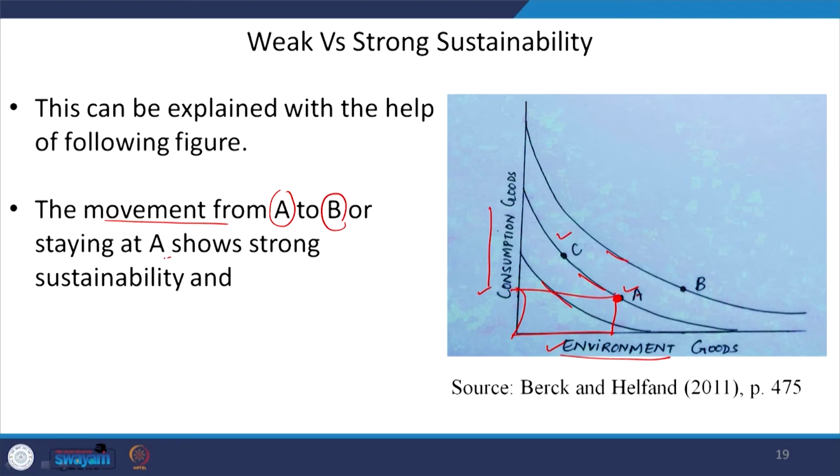or staying at A, it shows the case of strong sustainability. Why strong sustainability?